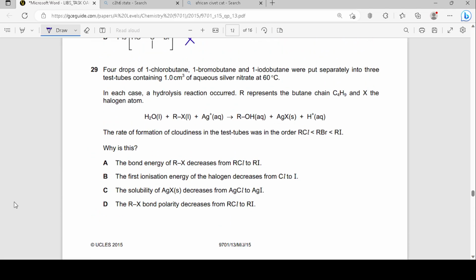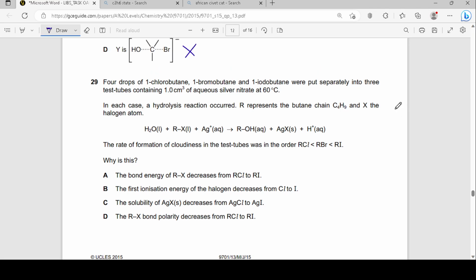4 drops of 1-chlorobutane, 1-bromobutane, and 1-iodobutane were put separately into 3 test tubes containing 1 cubic centimeter of aqueous silver nitrate at 60 degrees Celsius. In each case, a hydrolysis reaction occurred. R represents the butane chain C4H9 and X the halogen atom. The rate of formation of cloudiness in the test tubes was in the order RCl is less than RBr is less than RI.